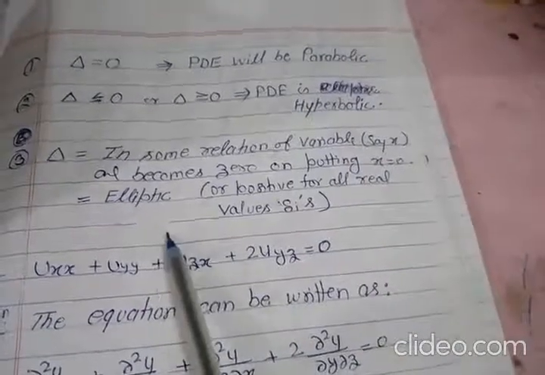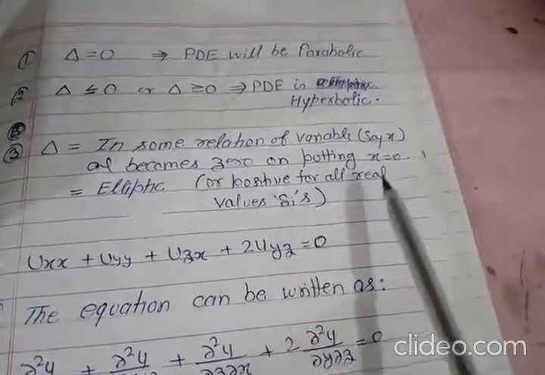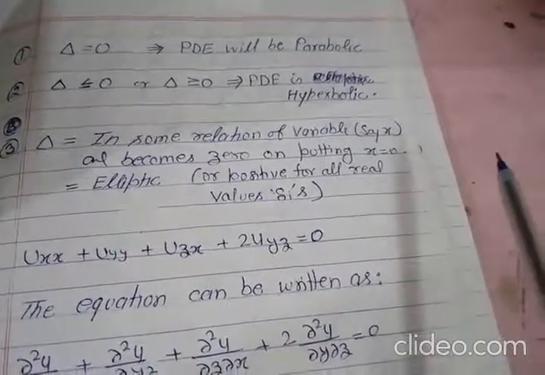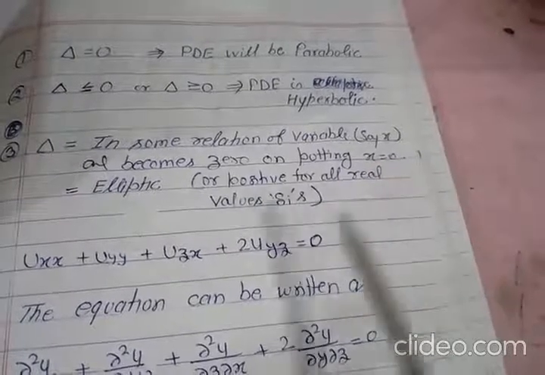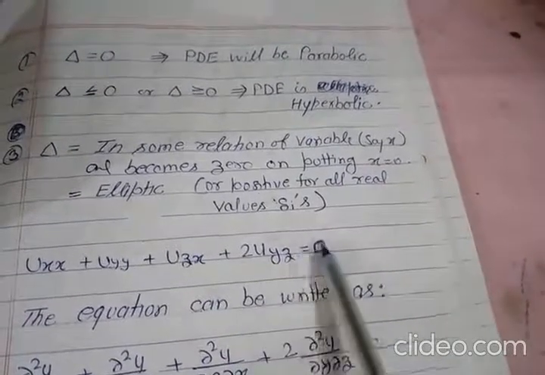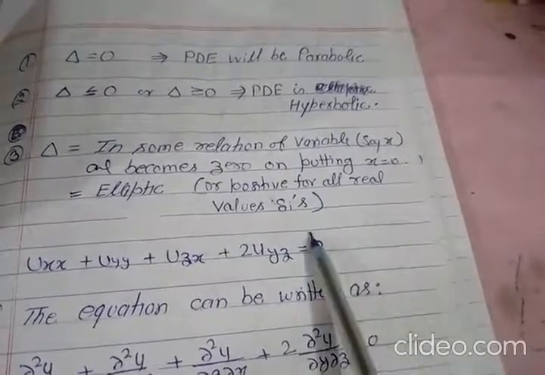And if delta is some expression in variables, say x or some other constant, and becomes 0 on putting x equal to 0, then it will be elliptic. There is one more case for it to be elliptic: delta will be positive for all real values of the variables.